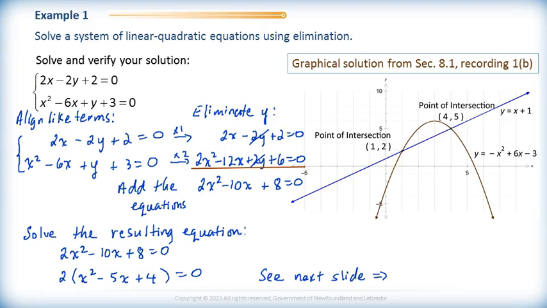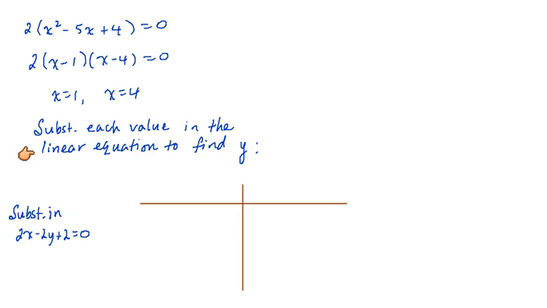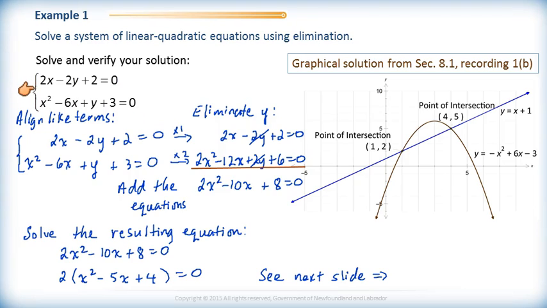So going over to a new slide, I've got 2 outside of x squared minus 5x plus 4 equals 0. That gives me 2 outside of x minus 1, x minus 4 for my factors. So I got x equals 1, x equals 4. Now we still have to find the y values for the points of intersection. Going back to our original system, we've got 2x minus 2y plus 2 equals 0.